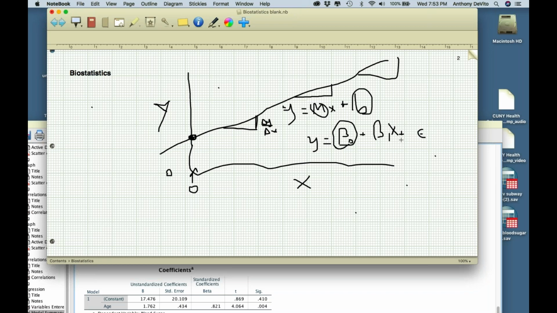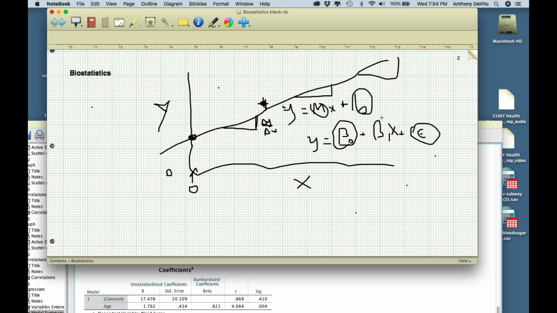Beta 1's our slope. And then e is the difference between this line and where any particular value of x really lies. So in other words, if you have a person whose value for age and blood sugar is out here, that person's blood sugar, y, is equal to the y-intercept of the line plus the slope of the line times his age plus the error, and that distance between that line and that individual person is that error.